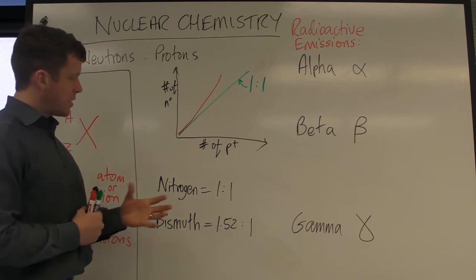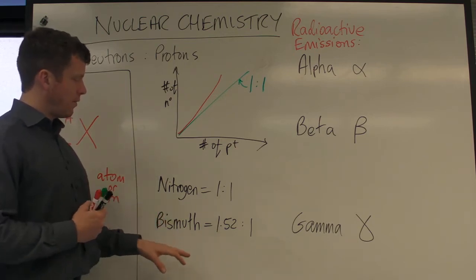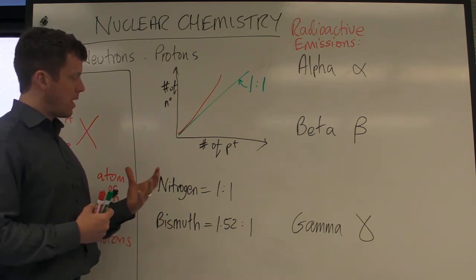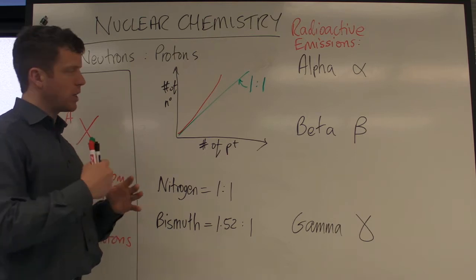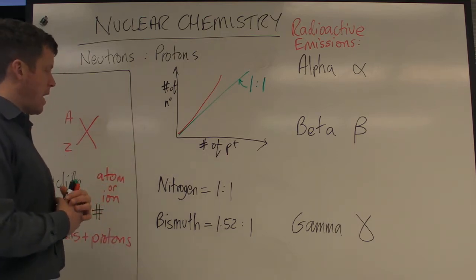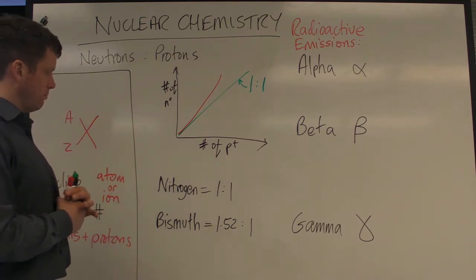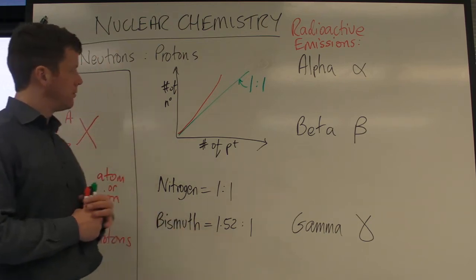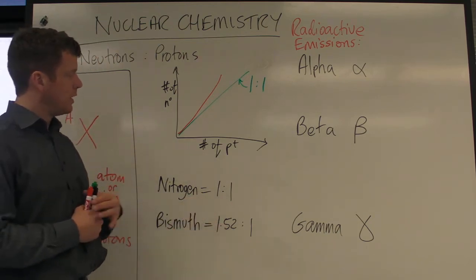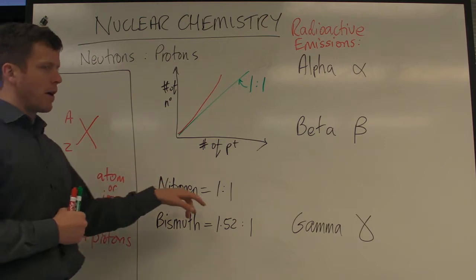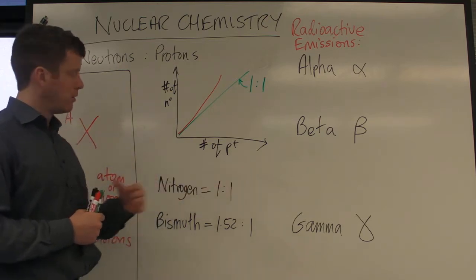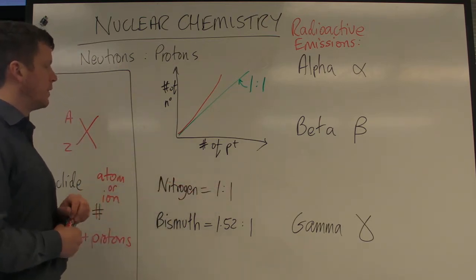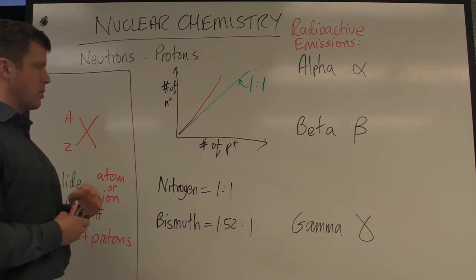So elements that aren't stable usually have a higher number of protons, usually, not always, and this ratio is a little higher, right? So for nitrogen it's 1 to 1, although there is radioactive carbon, which is 6 and 6, or 1 to 1 again, but those instances are usually rare.